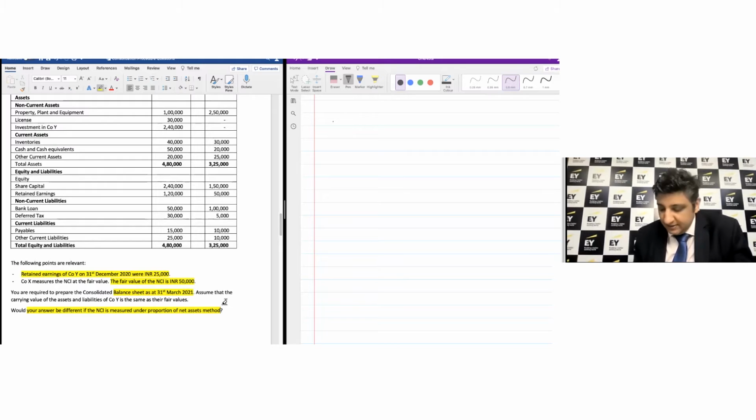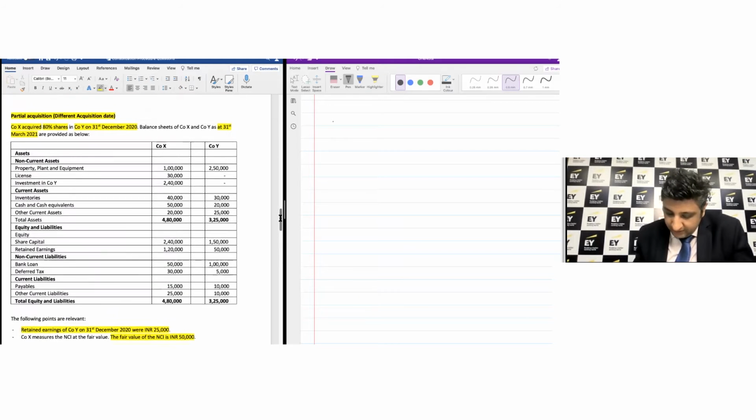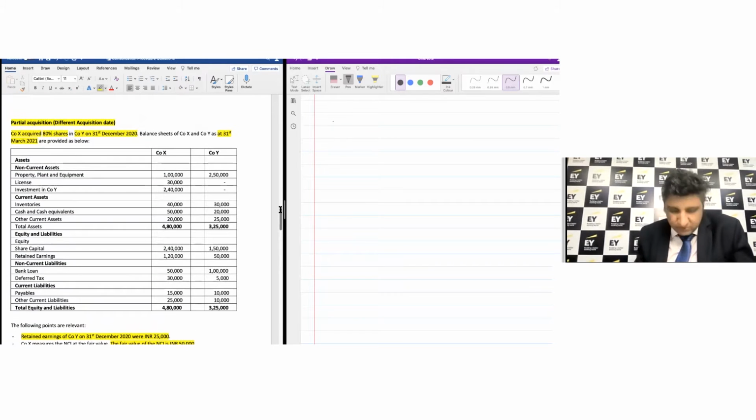So there are several adjustments that we want to take together, but let's focus on the method of NCI under the fair value method. So we'll be using that, and then we'll simply make the adjustments for the NCI if it's taken, for example, under the proportion of net assets method.